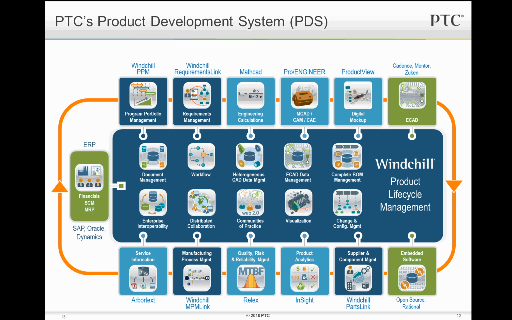And the light blue boxes represent additional software which is directly integrated into Windchill through Workgroup Manager. And last, the green boxes represent the third-party software which can be also connected or integrated into Windchill, like ERP systems, Rational, or ECAD systems like Cadence, Mentor, and so on.